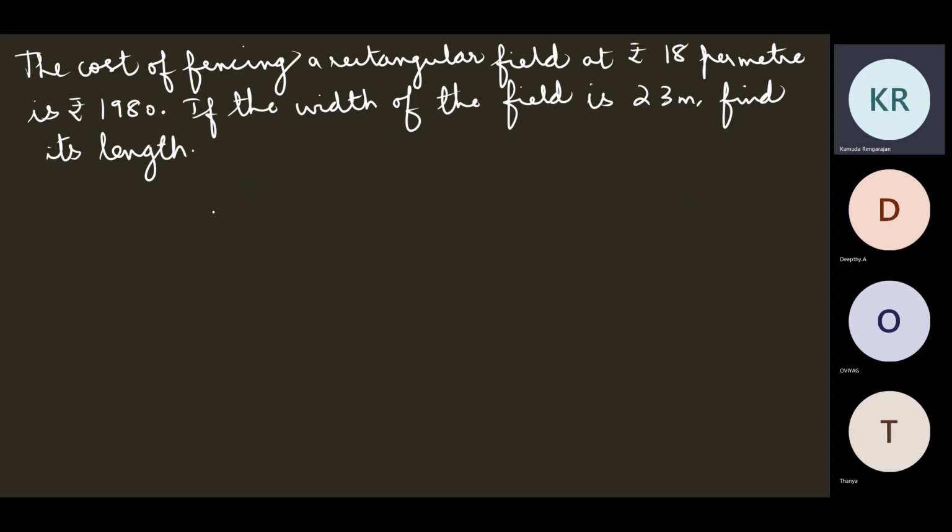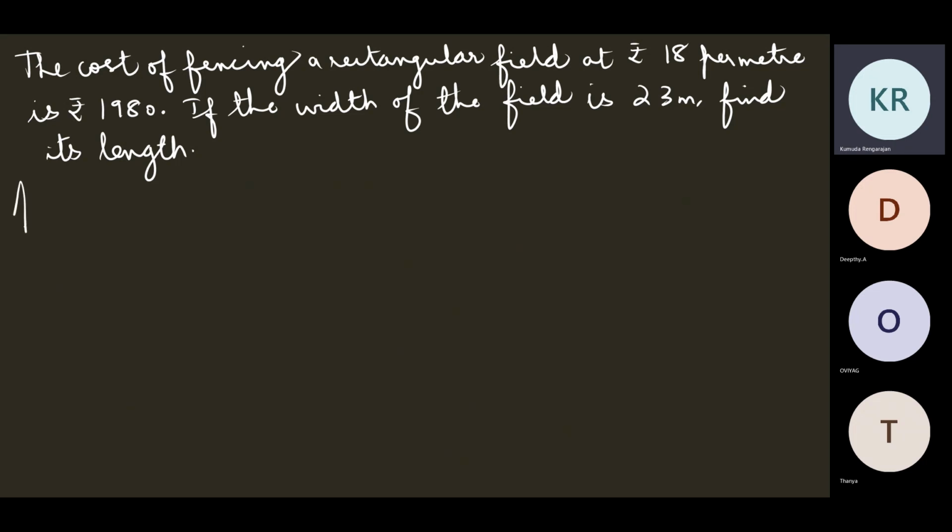I'll read the question first for you. The cost of fencing a rectangular field at rupees 18 per meter is rupees 1,980. That means you have fenced your rectangular field and the total money you have spent, the total cost of fencing, is 1,980 rupees. And the rate per meter is 18 rupees.